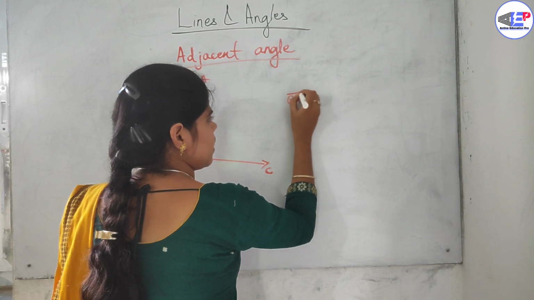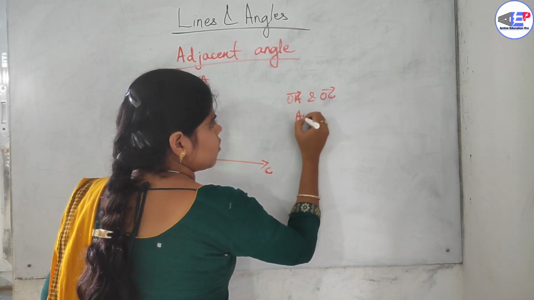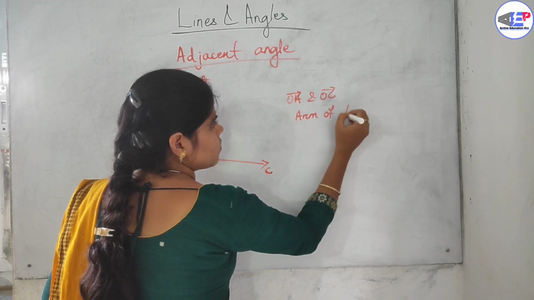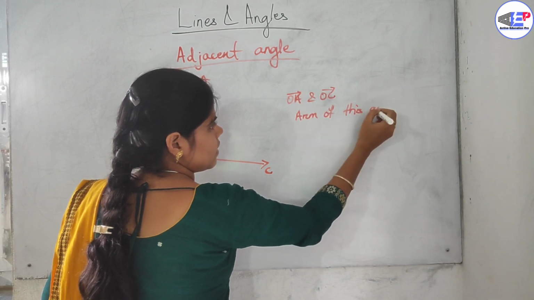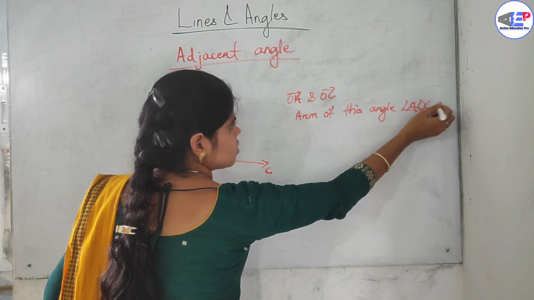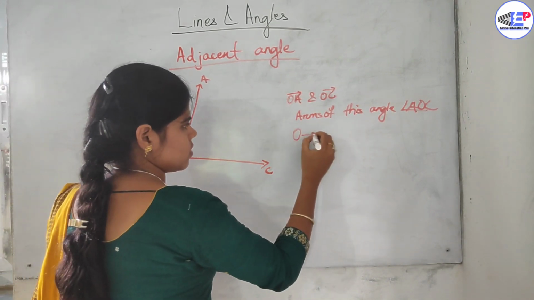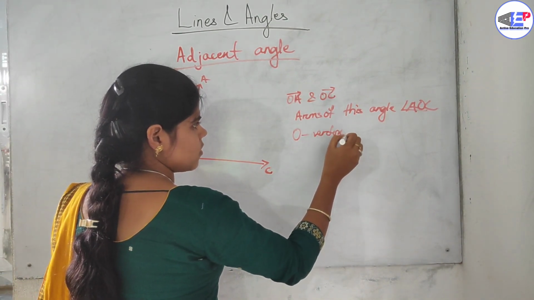Here OA and OC are the arms of this angle AOC. And O is the vertex. What is a vertex?